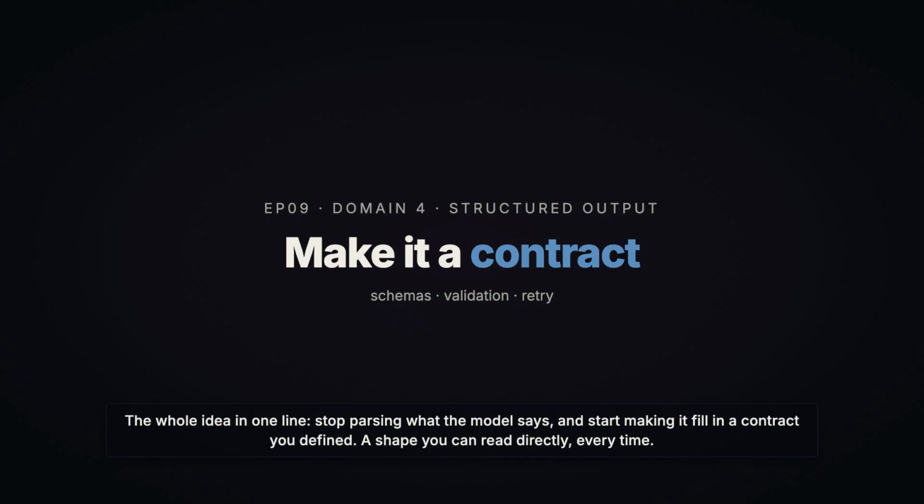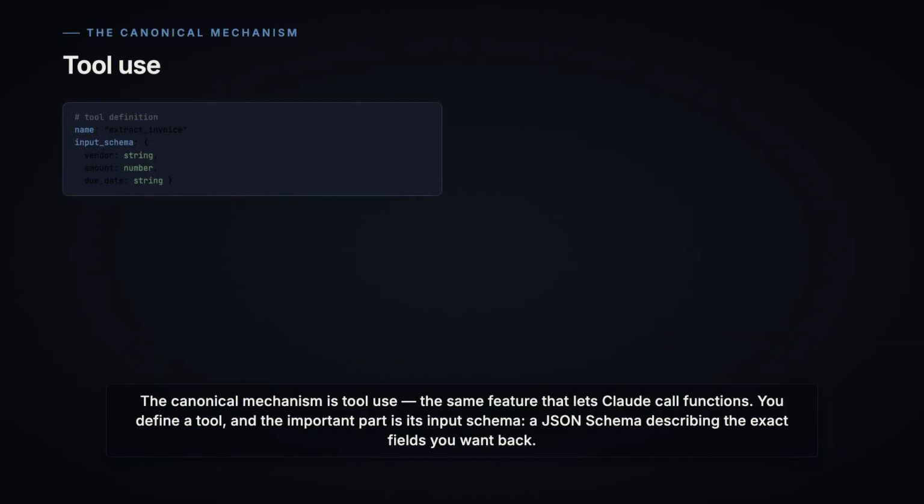The whole idea in one line: stop parsing what the model says and start making it fill in a contract you defined, a shape you can read directly every time. The canonical mechanism is tool use, the same feature that lets Claude call functions. You define a tool, and the important part is its input schema, a JSON schema describing the exact fields you want back.